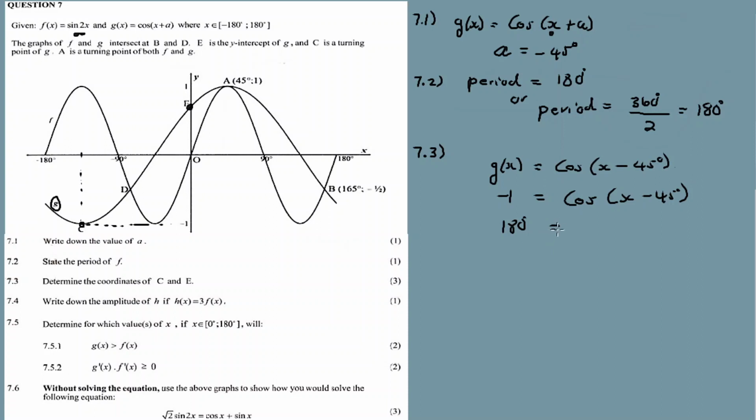So 180 is equal to x minus 45 degrees. Then we solve for x. x will be equal to 45.